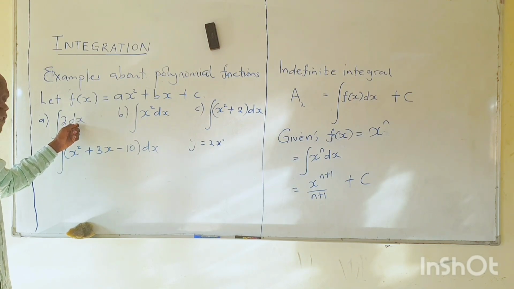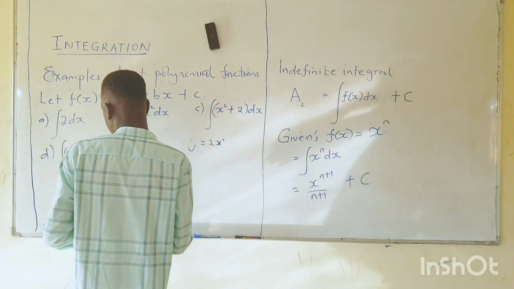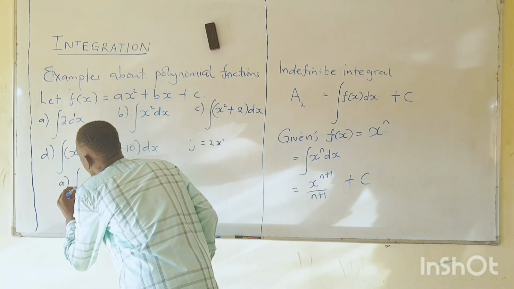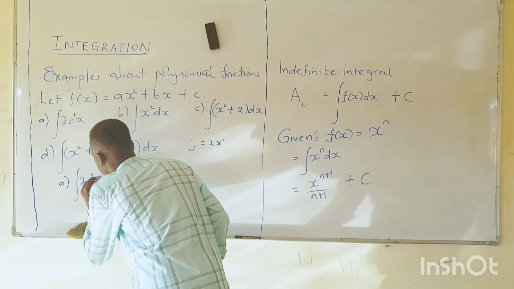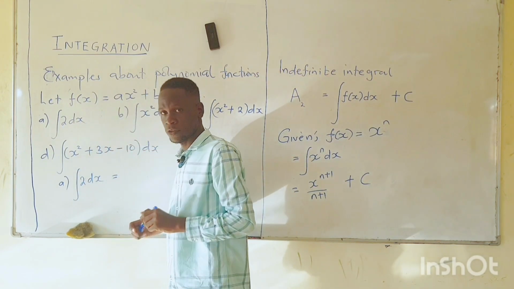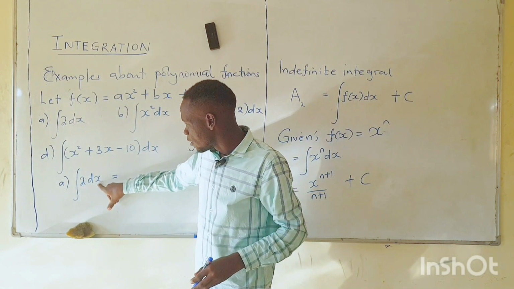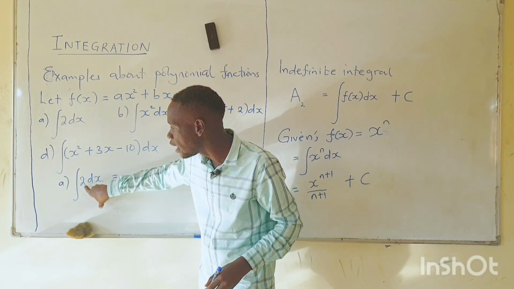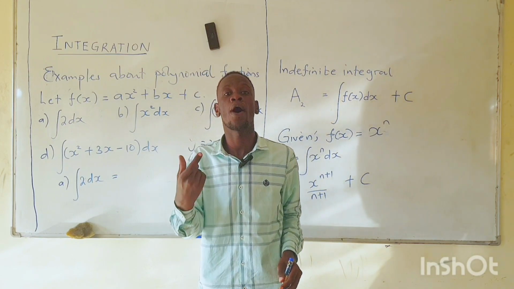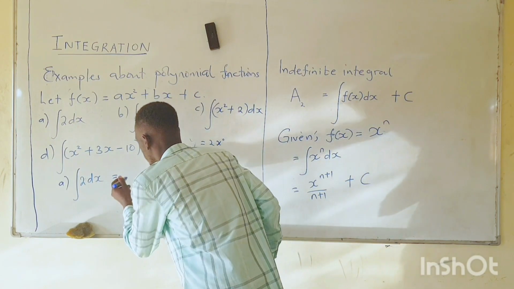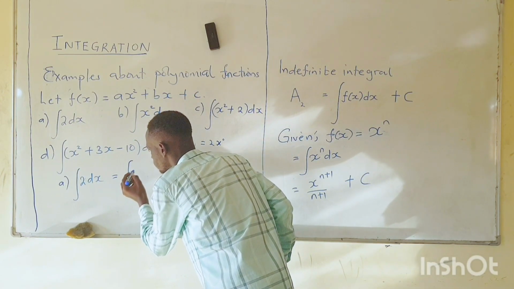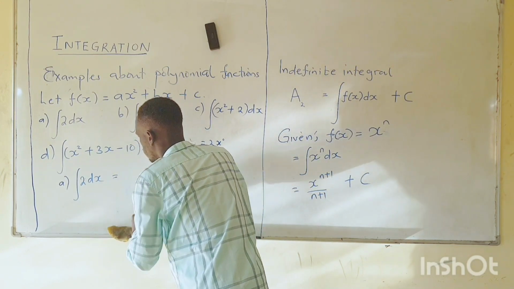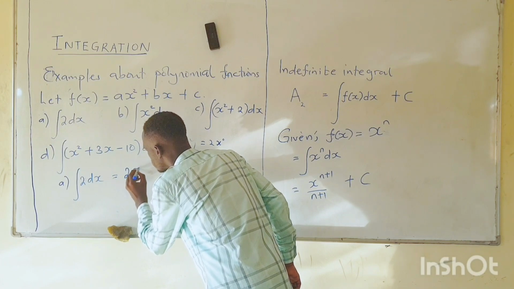this variable dx. So if you are integrating the integral of 2, that is part A, if you are integrating 2 dx, when you look at this, this is varying with x. That means there is a silent x here, but that x is x power 0. So this would be 2x.